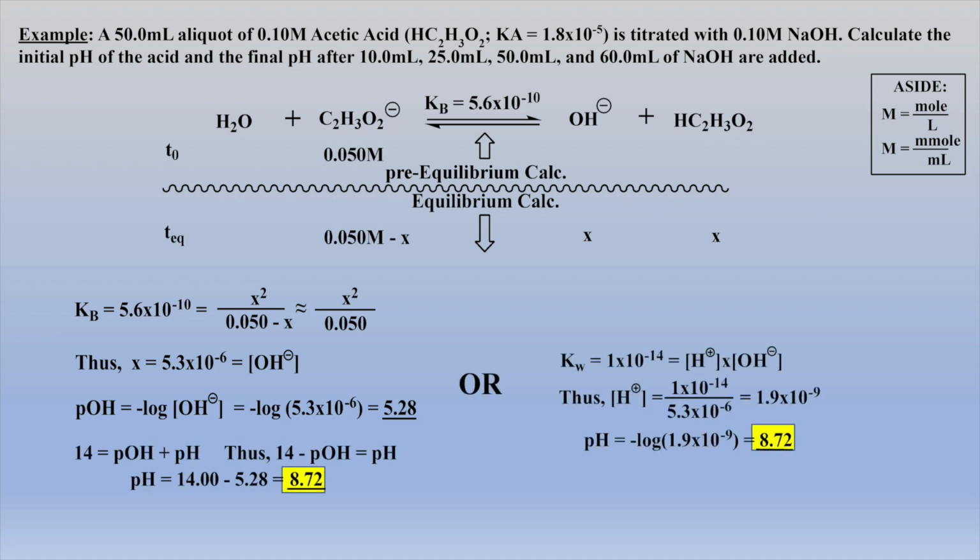Alternatively, once the hydroxide concentration is calculated, it can easily be converted to a proton concentration, followed by a pH calculation. At this point, please take a moment and look over how all the sig-fig rules within these calculations were followed.